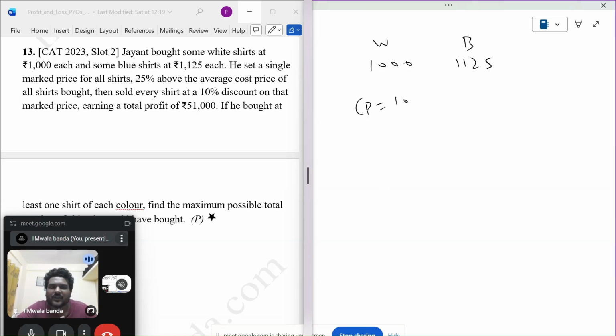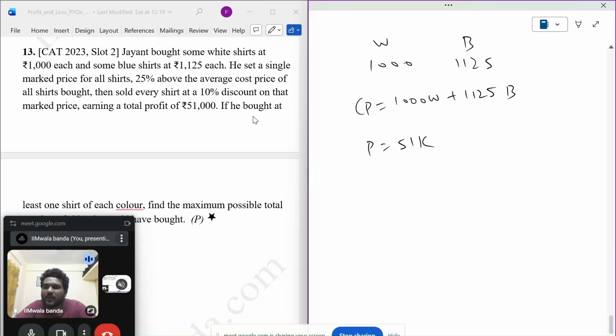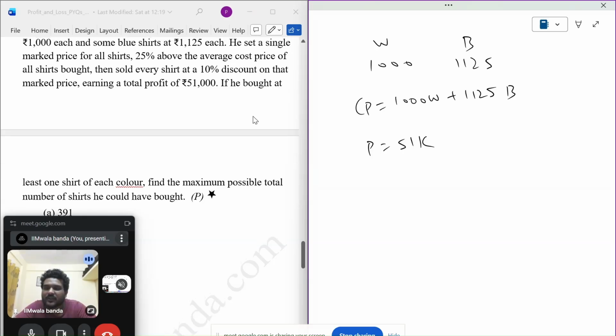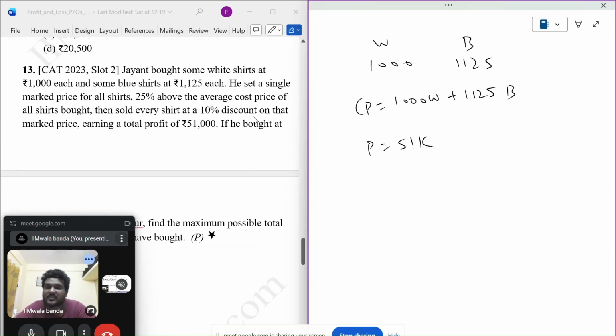So his total money that he spent was this much. He then sold them at a 10% discount on that mark price, earning a total profit of 51,000. If he bought at least one shirt of each color, find the maximum possible total number of shirts.